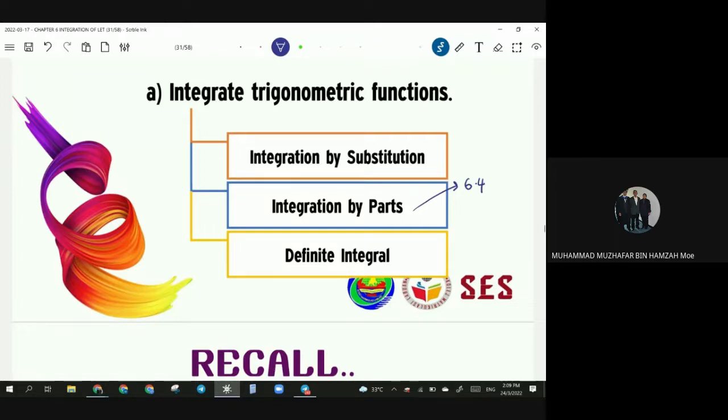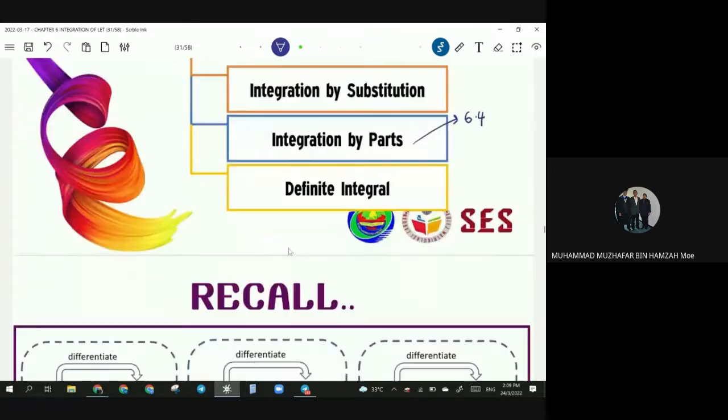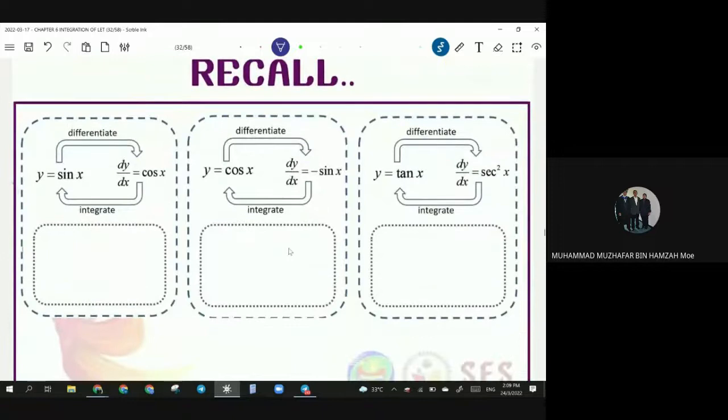So let us recall a little bit your knowledge about differentiation of Trigo function. Please have a look at this one. We have y is equal to sine x. When we differentiate sine x, we should get cos x.